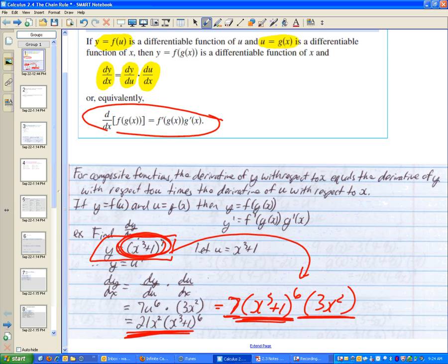I take the derivative of the quantity, u, and then I'll multiply the derivative of that quantity times it. See how it works? I know you need to see some more, but any lights coming on? Did you have a question? Okay. All right.